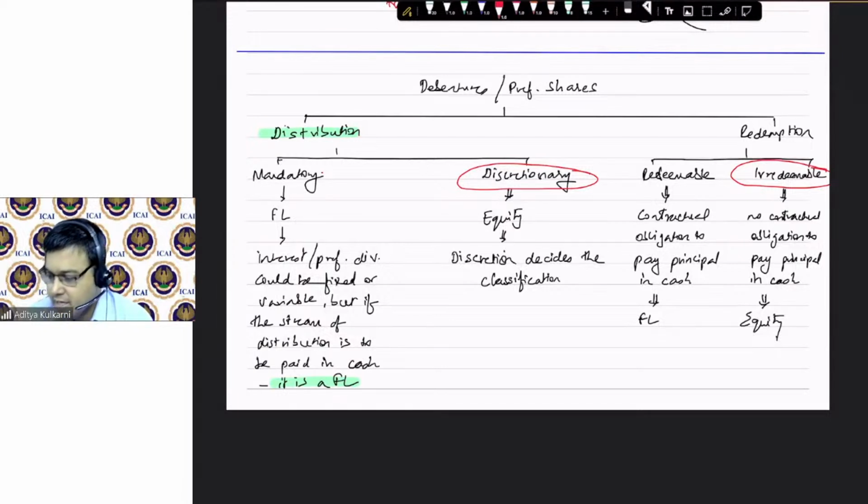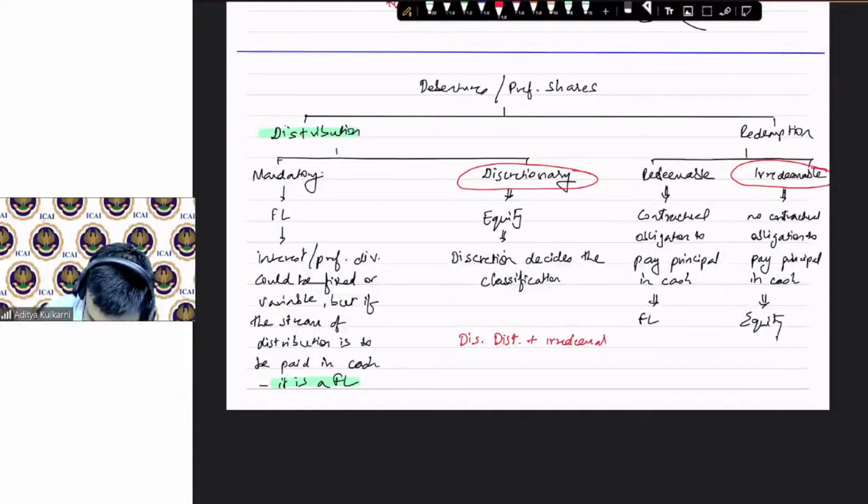I have an instrument with discretionary distributions plus irredeemable principal, and the name of this instrument is debentures.